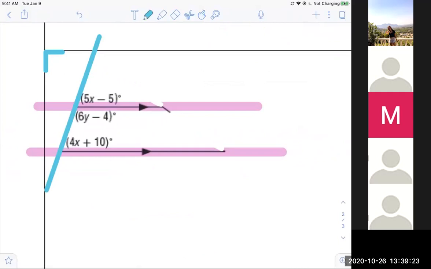So if we wanted to find x, we can use an equation to find x. How are the x expressions related? Max, tell me what an equation would be to find x.